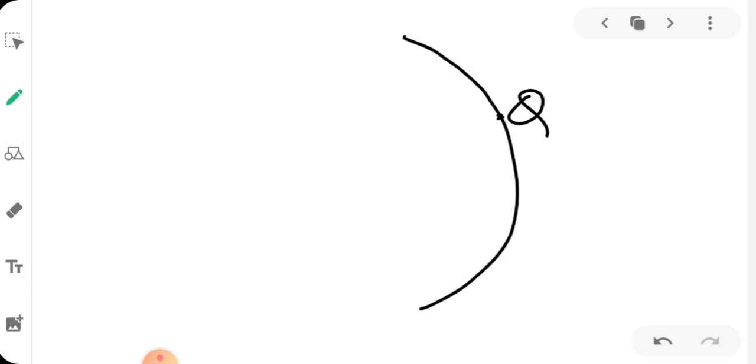This is the point Q on the mirror. Let us think that this C is the center of curvature over here. This is the center of curvature. Then the normal is the line joining that point and the center of curvature. The line which joins these things, this is the normal in between them. What is that? That is normal.